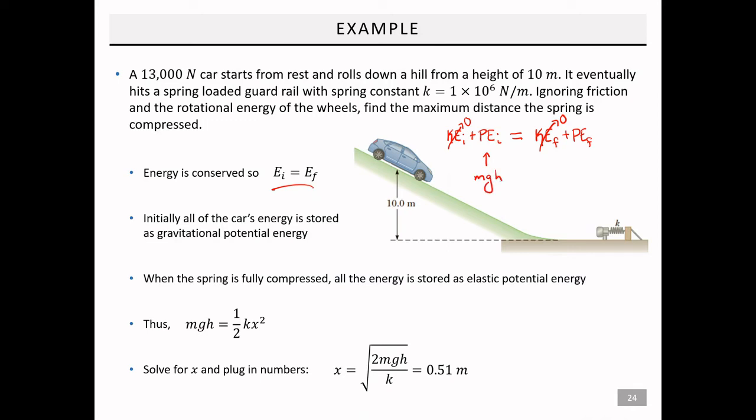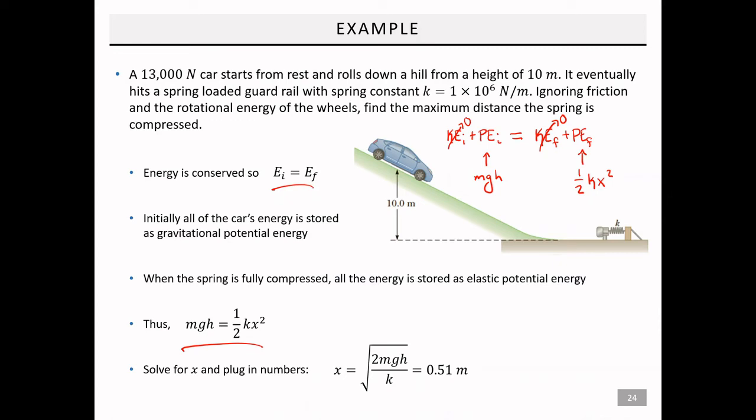So you use the gravitational potential energy equation, m times g times h. The final potential energy comes from the spring. So for that, you use the elastic potential energy equation, which is 1/2 k times x squared. Since those two have to equal each other, we have this equation near the bottom.